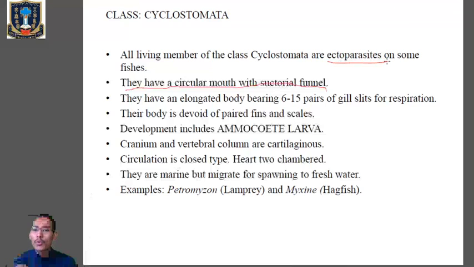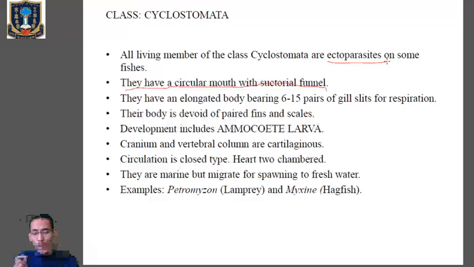Ecto means outside, while endo means inside the body. From the outside, they feed on the body of other organisms or the host, mainly other fishes. They have an elongated body which bears around 6 to 15 pairs of gill slits for respiration, and their body is devoid of scales and paired fins. So we don't find scales and fins in Cyclostomata.